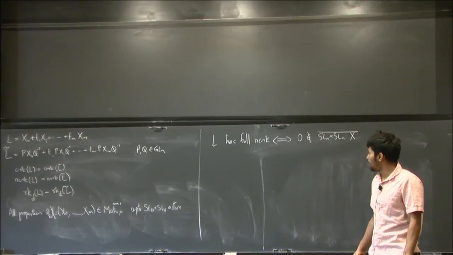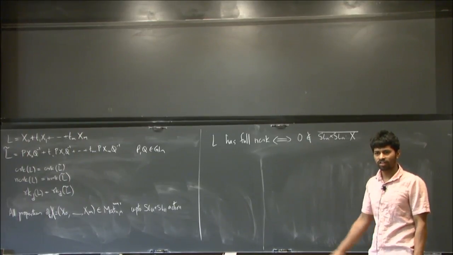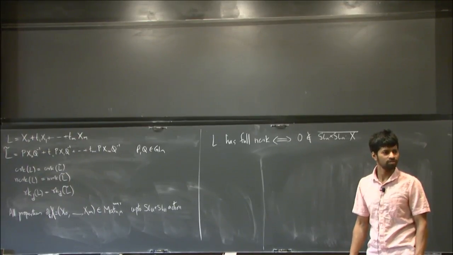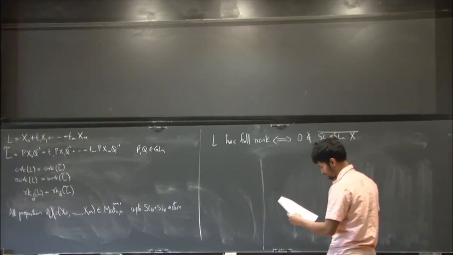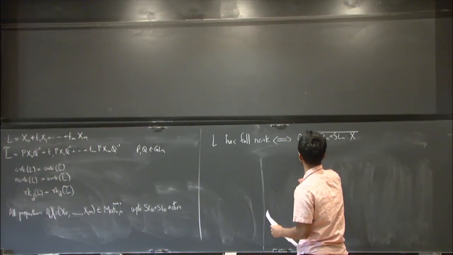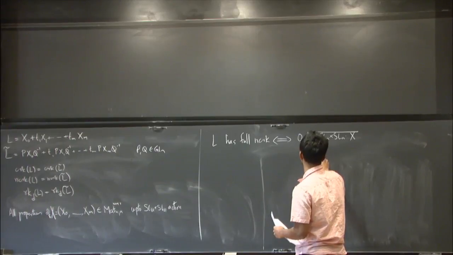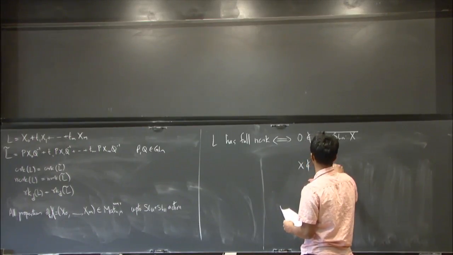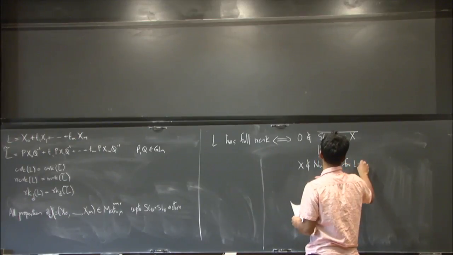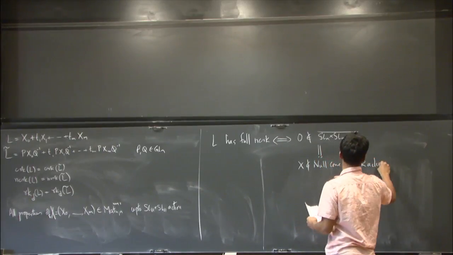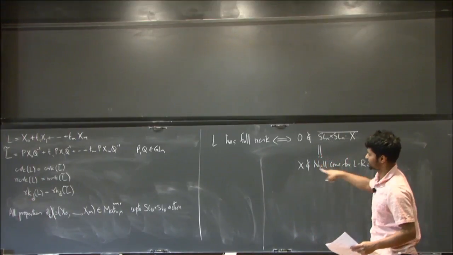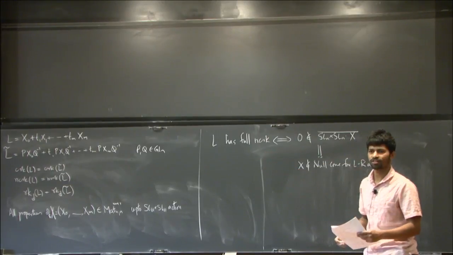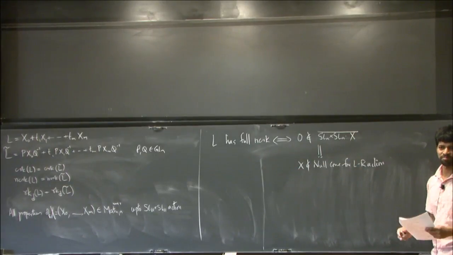Whether it contains 0 or not will tell you whether you have full non-commutative rank or not. This is the same thing as saying, by definition, that X is not in the null cone for the left-right action. It's called the left-right action because one group acts on the left and one on the right. Just a name.